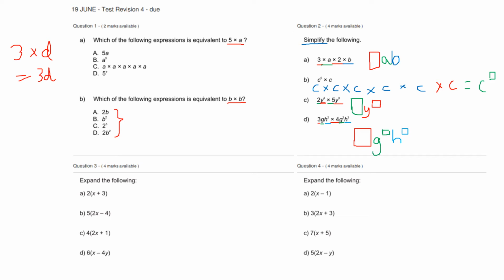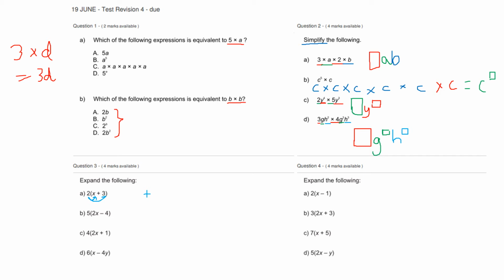So we need those multiplying skills to be able to expand brackets. So when we expand brackets, what we're doing is we're multiplying everything inside the bracket by the number outside. So here you're going to do 2 times x and write down an answer. And then we're going to be adding whatever 2 times 3 is.